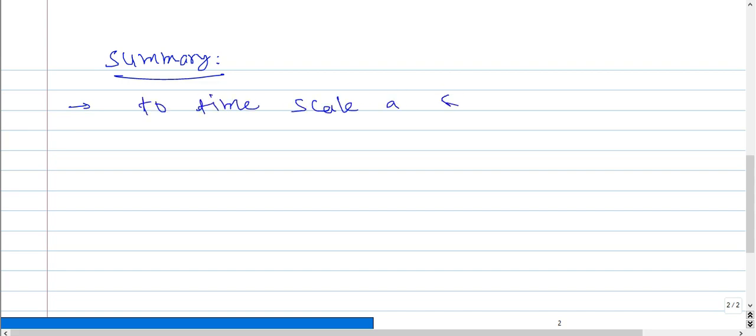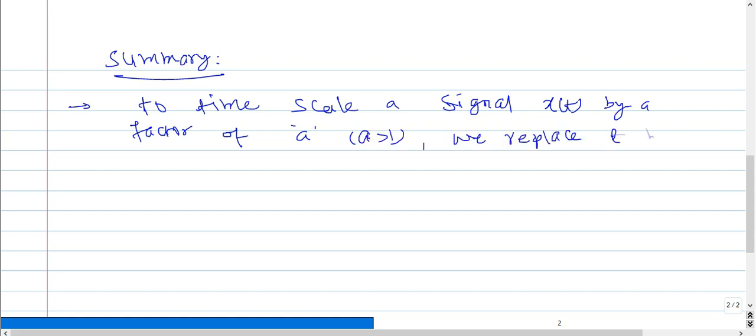Now if we summarize the time scaling operation, we can see that to time scale a signal x of t by a factor of a, where a is greater than 1, we replace t by at.